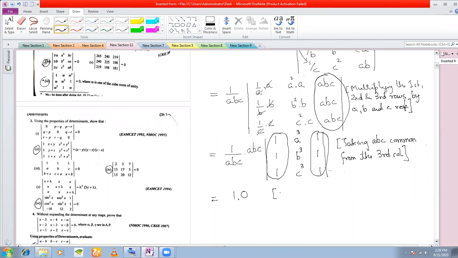And your reason is first and third columns are identical, which is equal to 1 into 0, which is equal to 0. That is what you had to prove, equal to RHS.